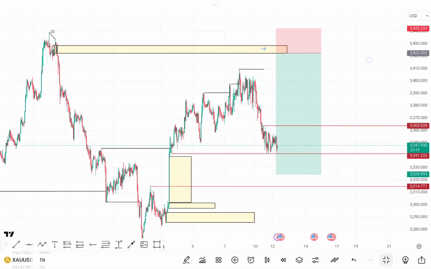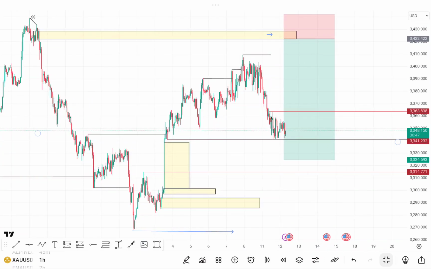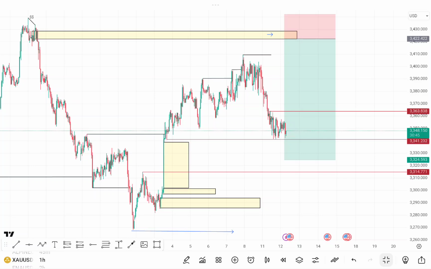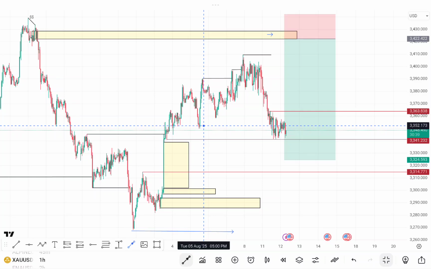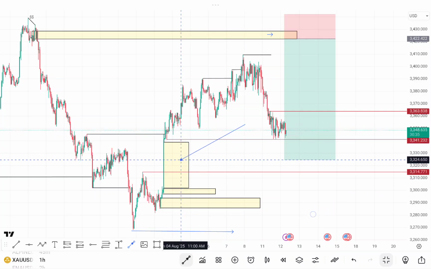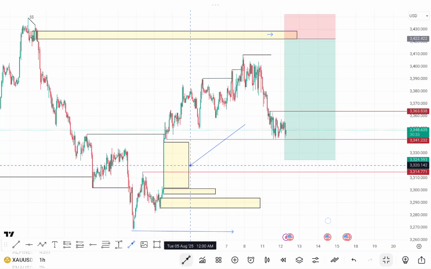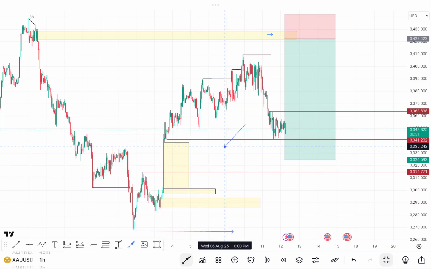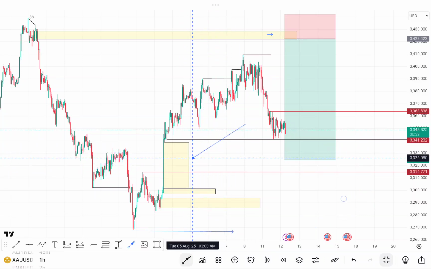And we also still have this major point of interest, which is the imbalance all the way down here. So there's a high tendency of this market coming down here.